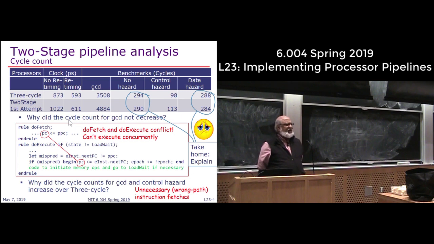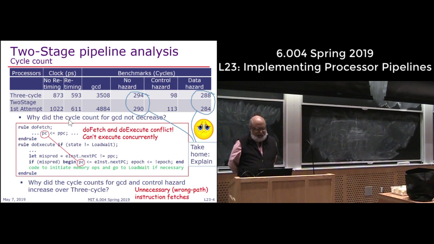It's also surprising that it actually did slightly better in the case when there were no hazards. I mean, this is nothing to write home about, but you still wonder, how can it go faster than multi-cycle? So no hazard means that there is no data hazard, nothing, right? And similarly, this data hazard benchmark is designed to have lots of data hazards.